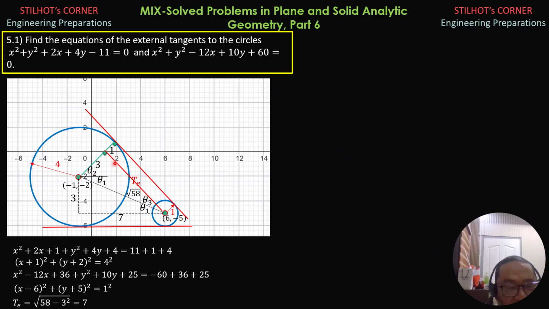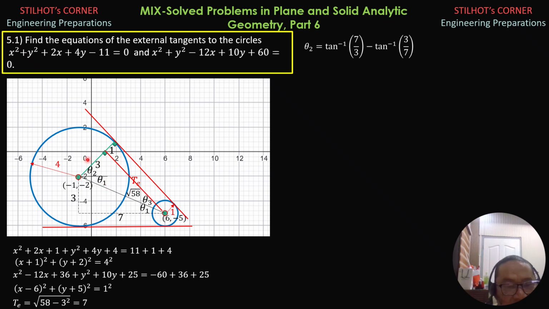Theta 2 is inverse tangent of 7 over 3, while theta 1, which is equal to this, is inverse tangent of 3 over 7. So theta 2 is inverse tangent of 7 over 3 minus theta 1.